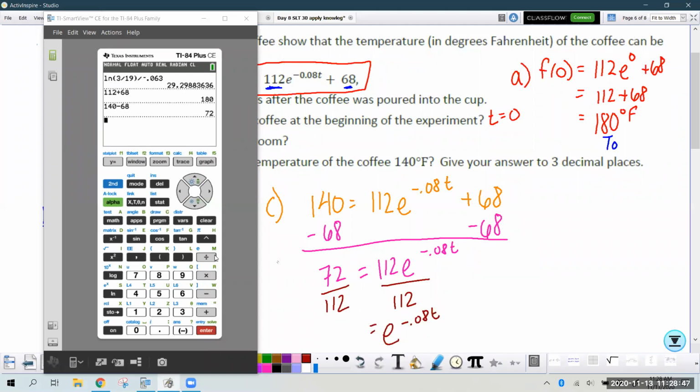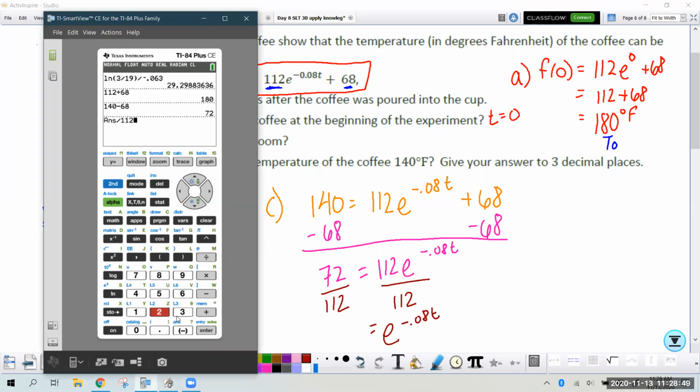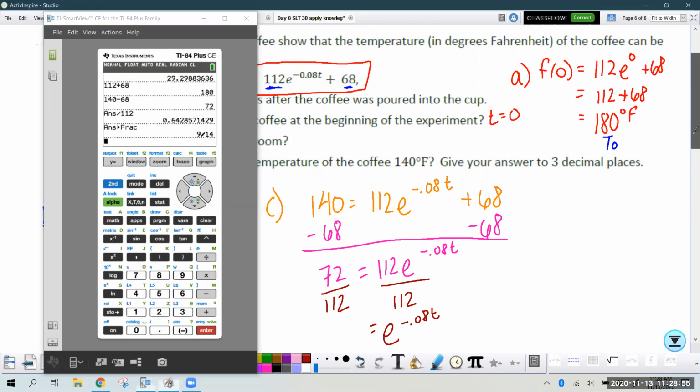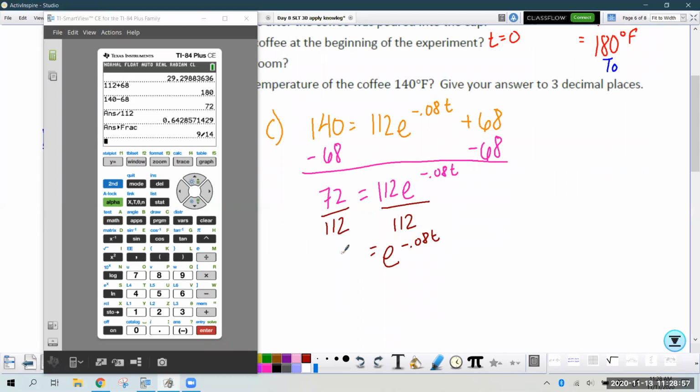And what's neat, so in your calculator, if you go divide by 112, you get that crazy decimal. So if you hit math, enter, enter, it reduces the fraction for you. It's kind of nice. I'm going to convert to an ln. Don't forget that negative in there.